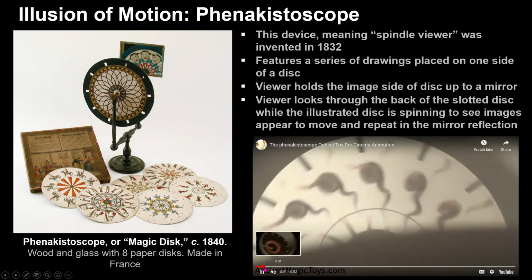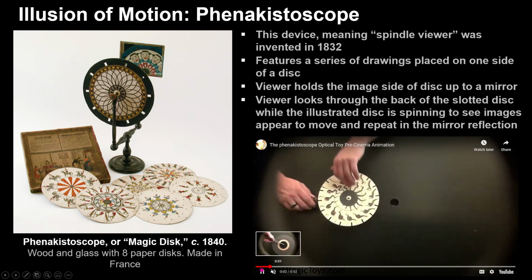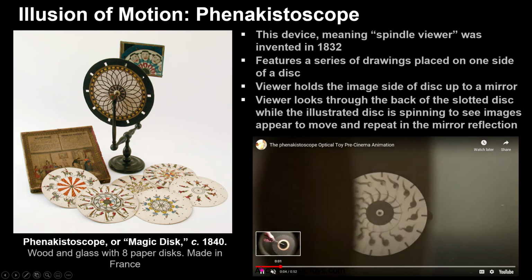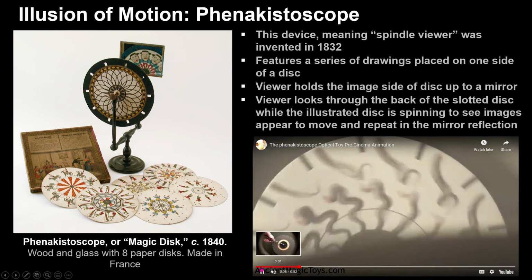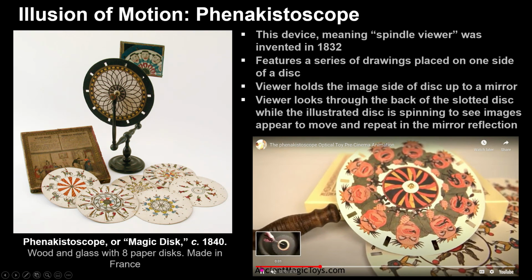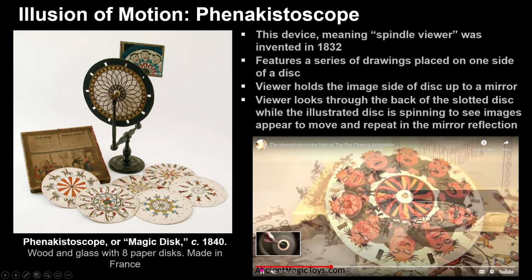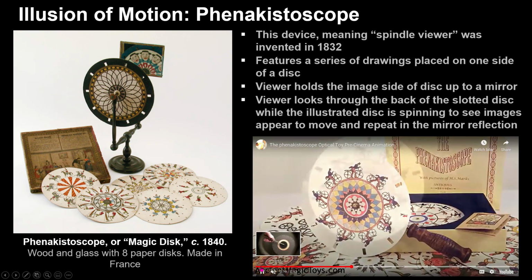Another way of creating motion is to use mechanical devices. This is a device called a phenakistoscope. The phenakistoscope is a child's toy that was invented in the early 1800s that prefigured motion pictures.